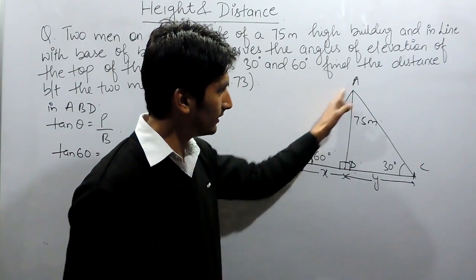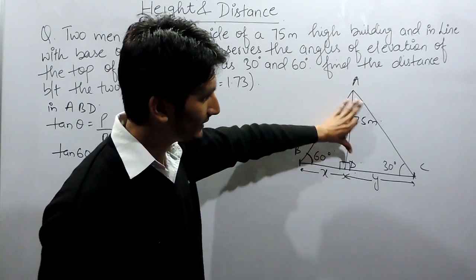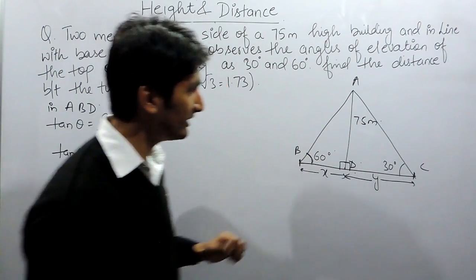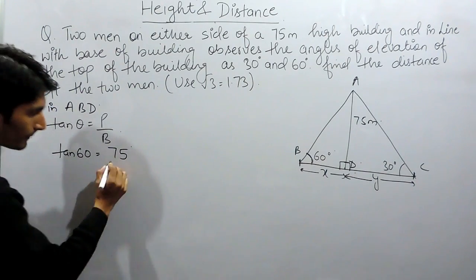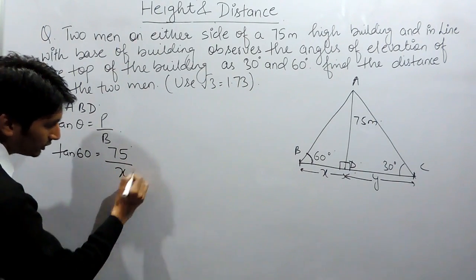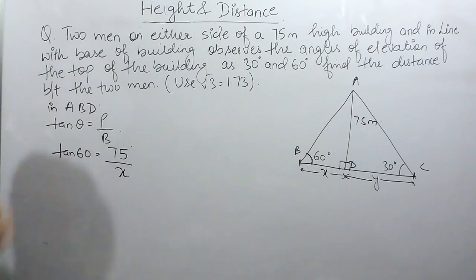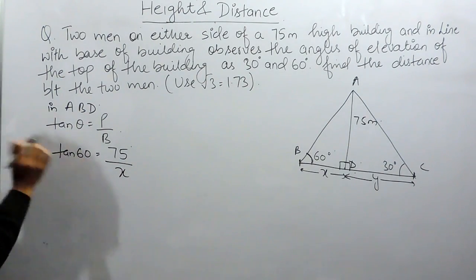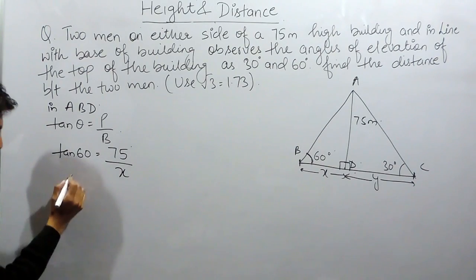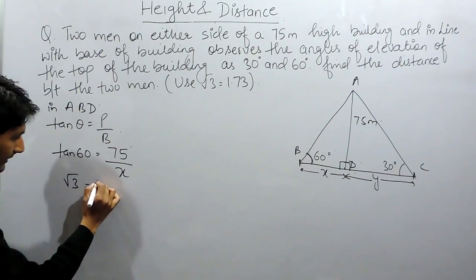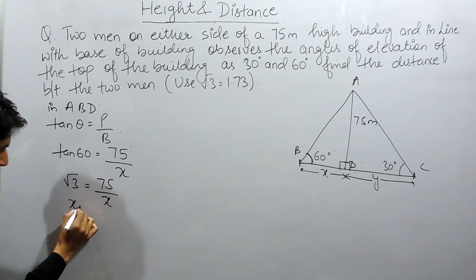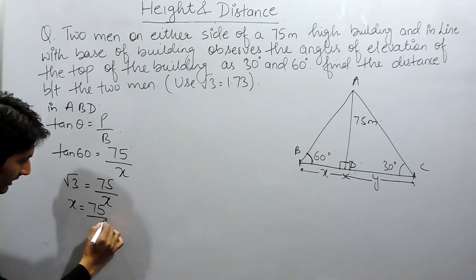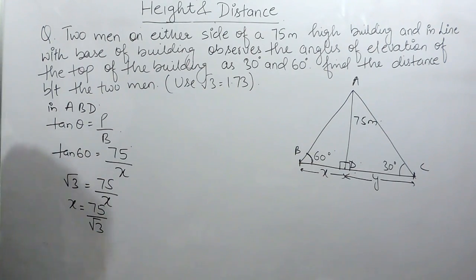The perpendicular is the height of the building, given as 75 meters, and the base you have to find out. The value of tan 60 is root 3, and this equals 75 upon x. If I cross multiply, the value of x will be equal to 75 upon root 3.